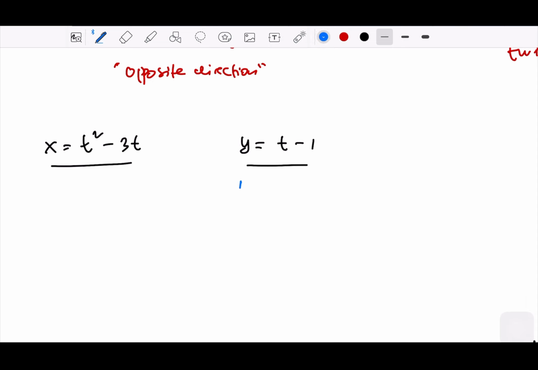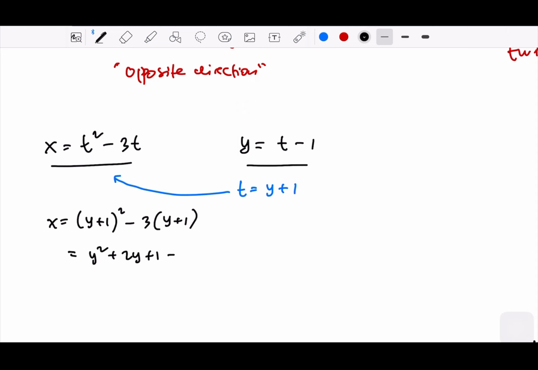Now we have this as our copy. If we take this t and rewrite these equations, it becomes that. And then we substitute to here, and then we solve this, and we have these new equations.